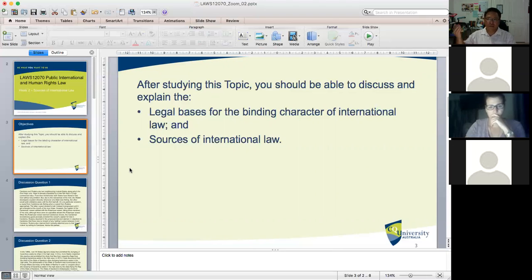Oftentimes, especially in the 1500s or the 1600s, there would be a dispute between parties and the law is silent on that dispute. What then will the court do? Will the court refuse to entertain a suit because there is no applicable law? In common law countries, the courts will make a decision. If need be, they will make the law.